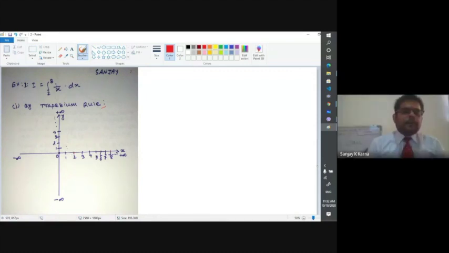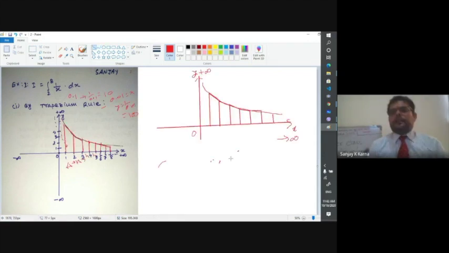And if x goes on increasing towards infinity, then it will go nearer and nearer to the x-axis, but never touch. And from here it is like this. So we have considered the trapezium. Now let's see here. This width is h, and this is also h, and this is also h. So each strip has the equal width.